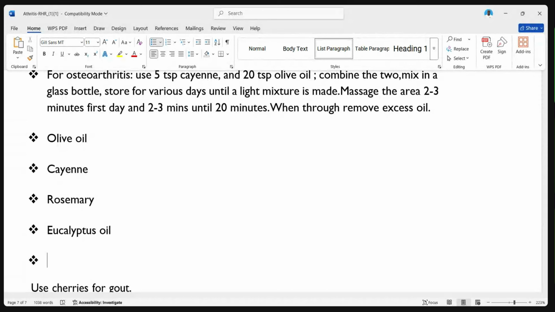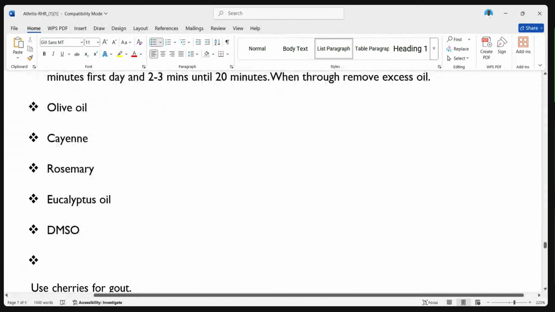And after that, you can add DMSO. I believe you know what DMSO is. So dimethyl sulfoxide. This is a very good oil that is able to penetrate, and it's able to actually dissolve those oxalates.